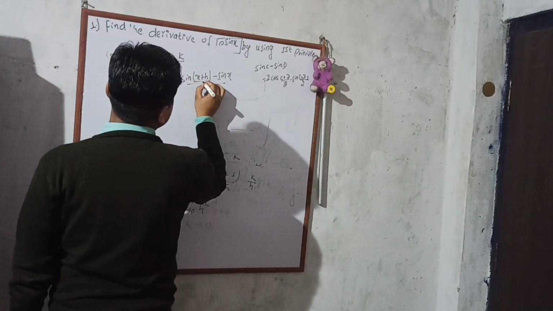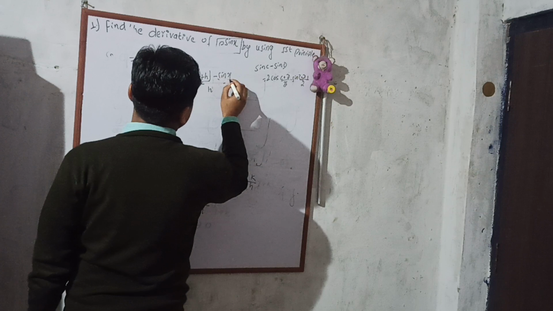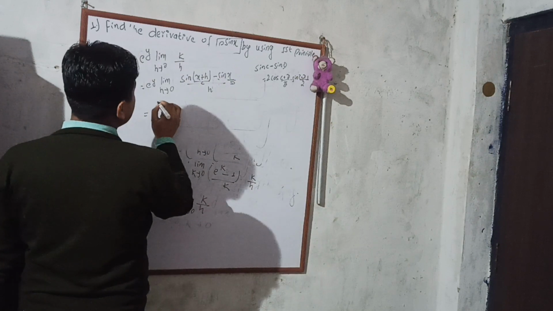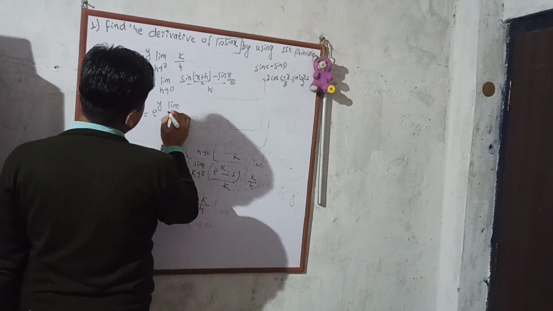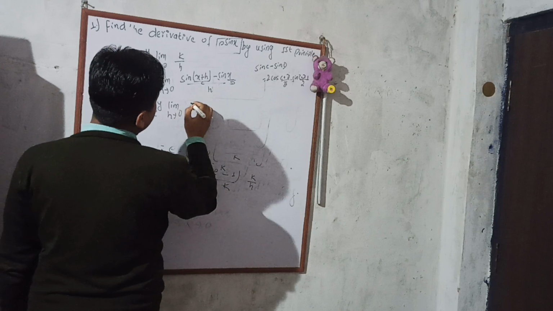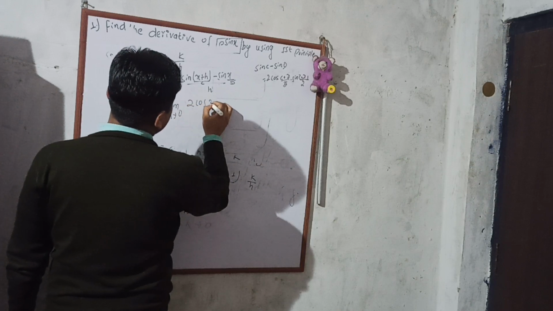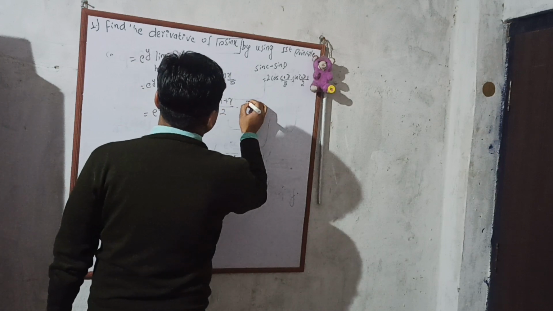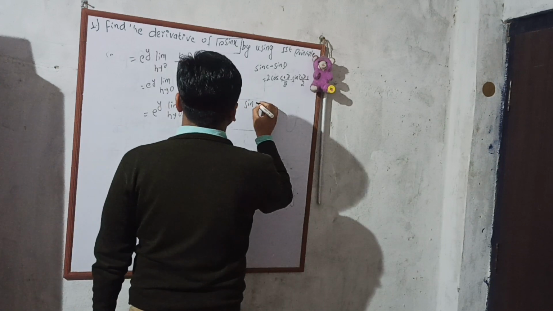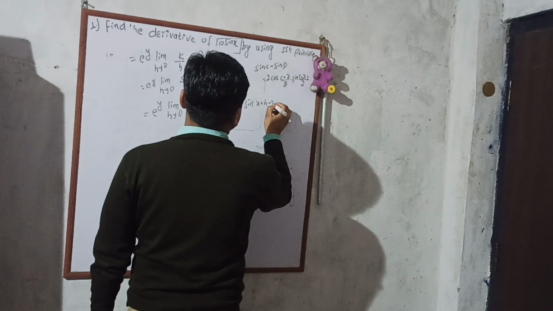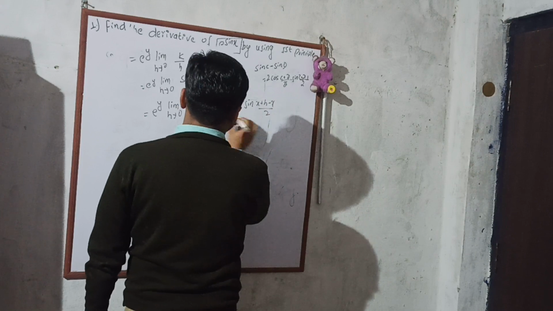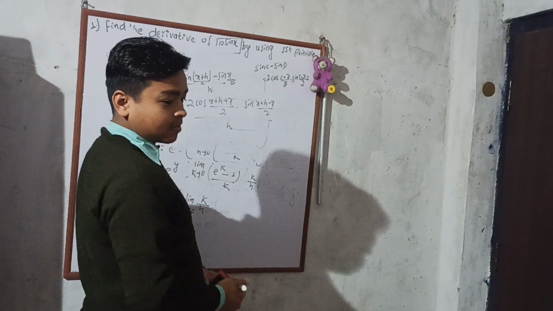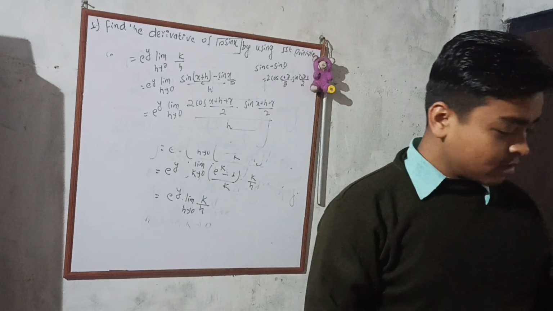This is c, this is d. So e to the power y, limit h tends to 0, is 2 cos of (x plus h plus x) divided by 2 into sin of (x plus h minus x) by 2, all divided by h. Got it?